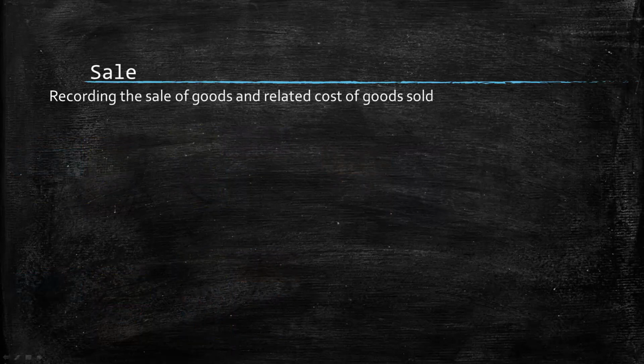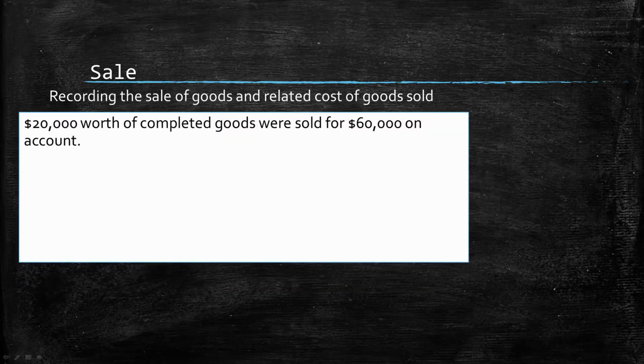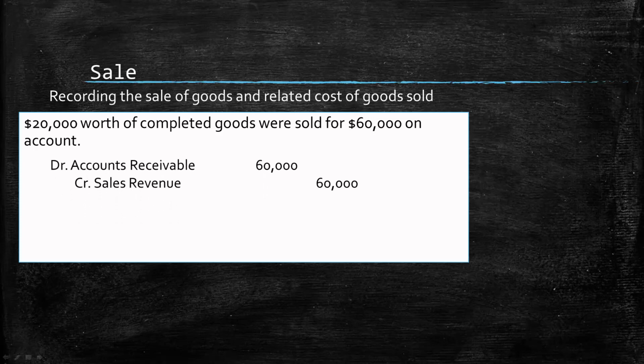Okay. And now we can look at the last part, which is when we actually sell those goods. Okay. So $20,000 worth of completed goods were sold for $60,000 on account. Okay, so first we have to do our journal entry for the sales side. So we're going to debit accounts receivable because it says they were sold on account, and credit sales revenue for the $60,000, which is our sales price.